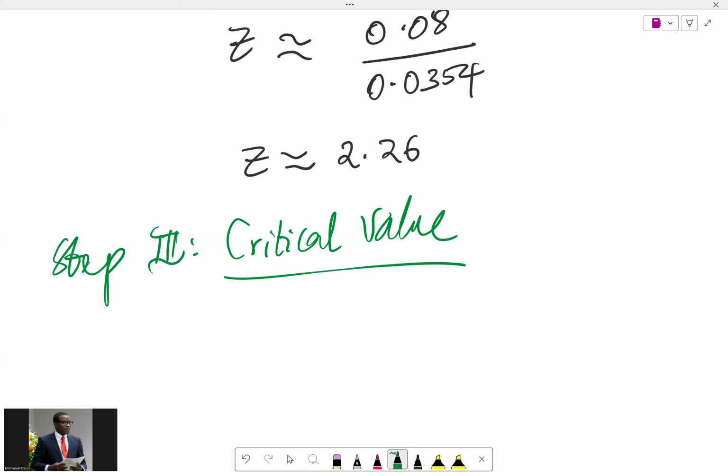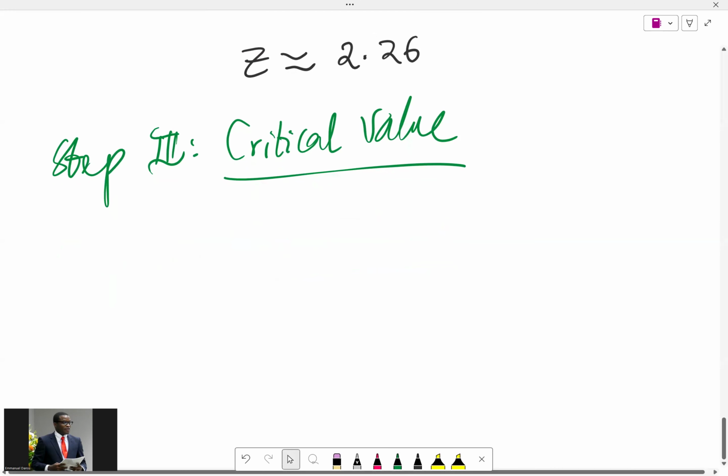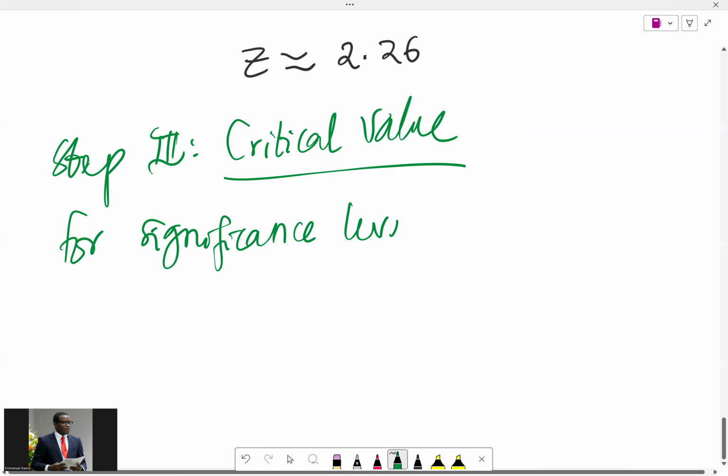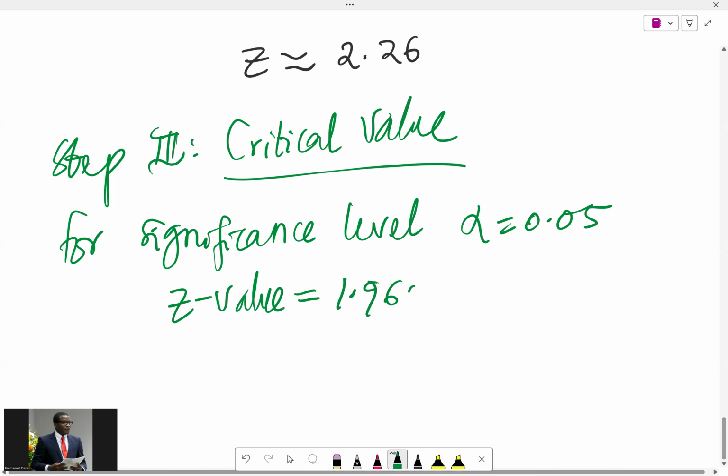Okay, so now we have two critical values. For significance level alpha equals 0.05, if you check your table, you get the Z value to be 1.960.